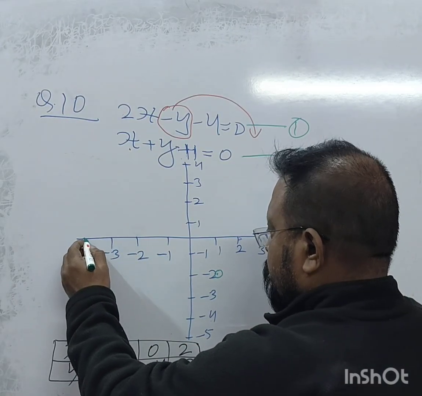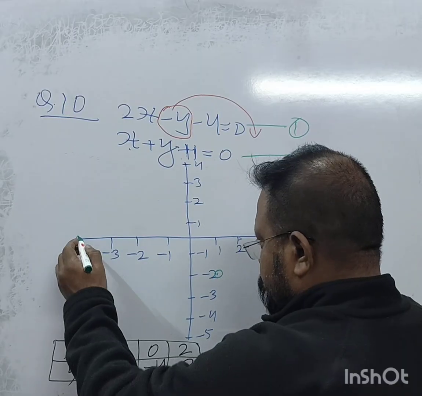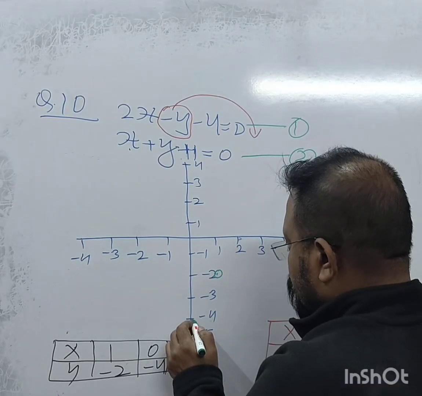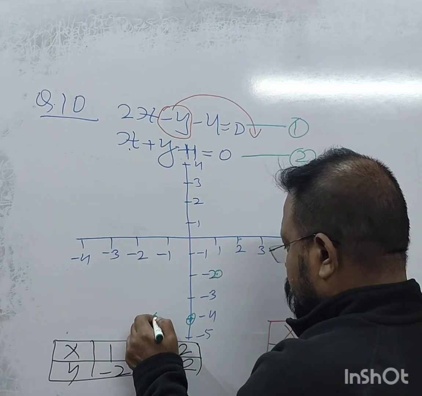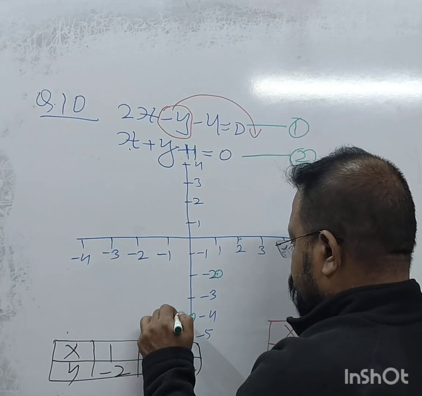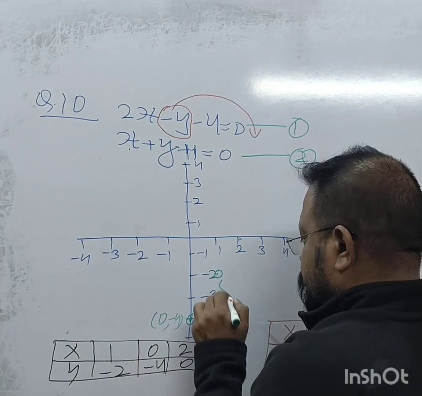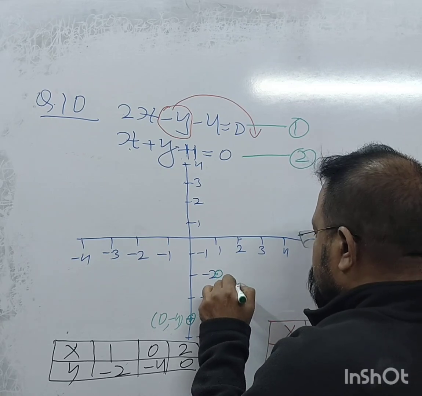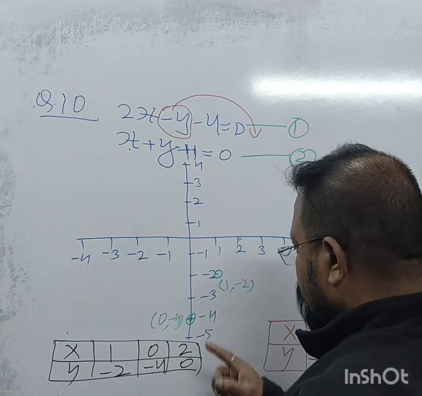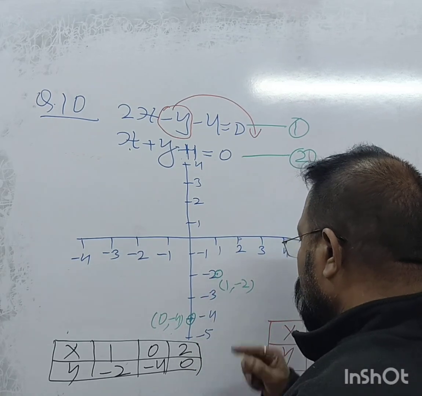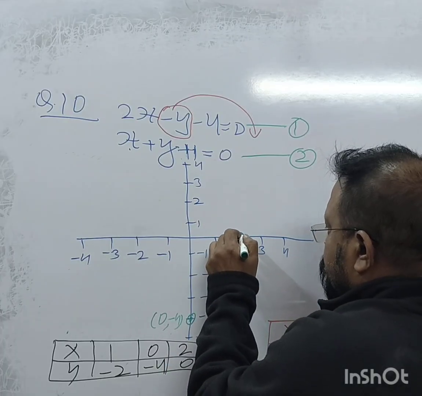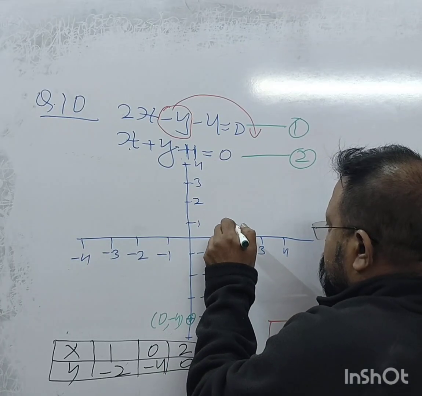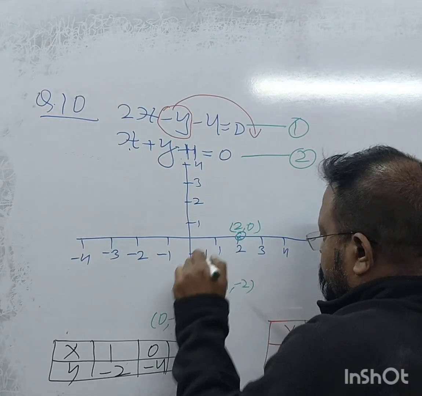This is 0 comma minus 4 and this is 1 comma minus 2, and then lastly we have 2 comma 0. So 2 comma 0 will be here. Right?